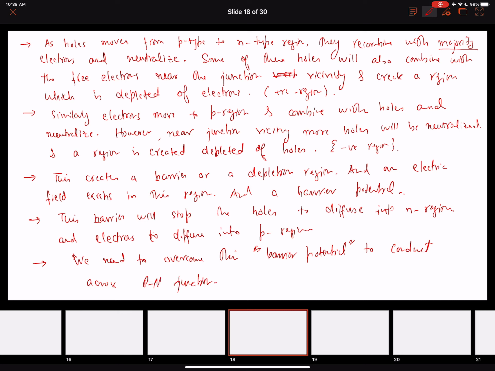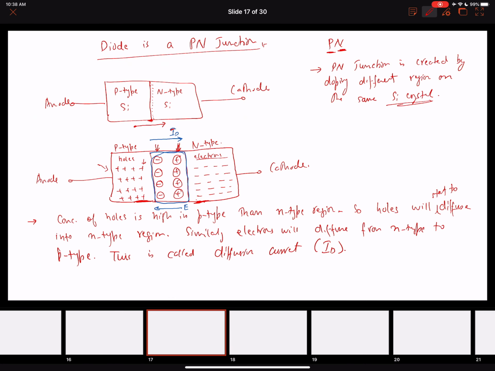All right, so let me give you a quick summary of what we have talked about thus far. We talked about intrinsic and extrinsic crystals, intrinsic and extrinsic semiconductors, and doping. From the process of doping, we create p-type and n-type materials. Now, these two materials side by side can create a PN-junction.